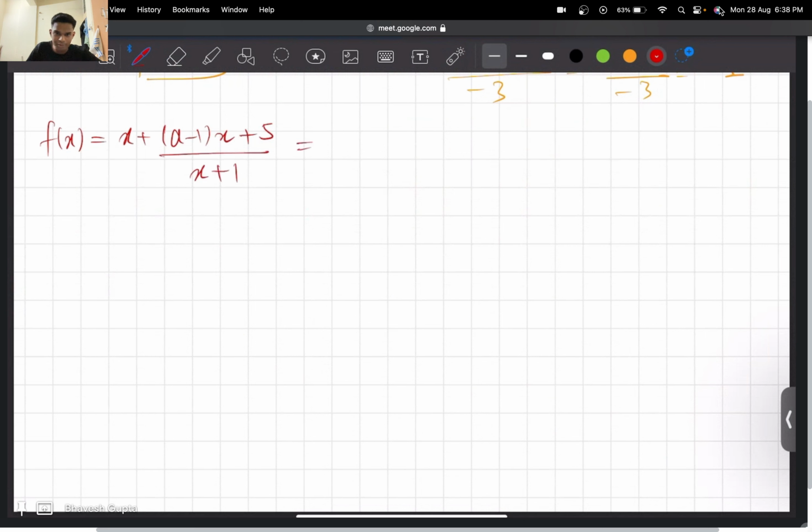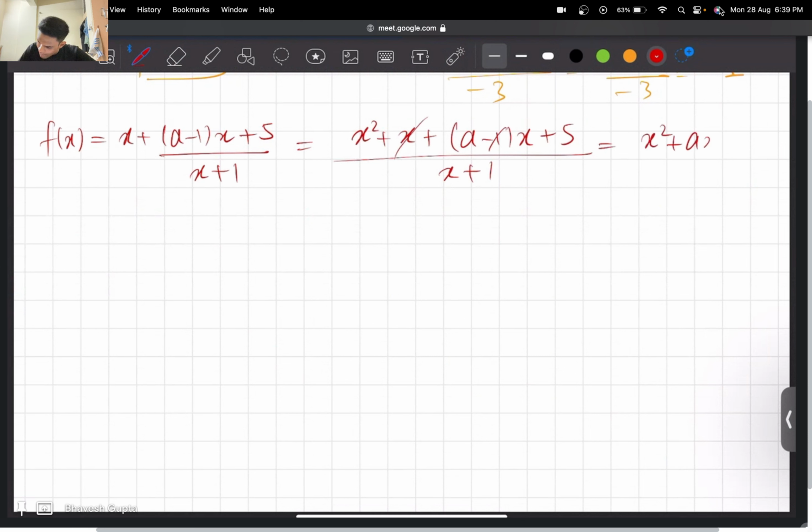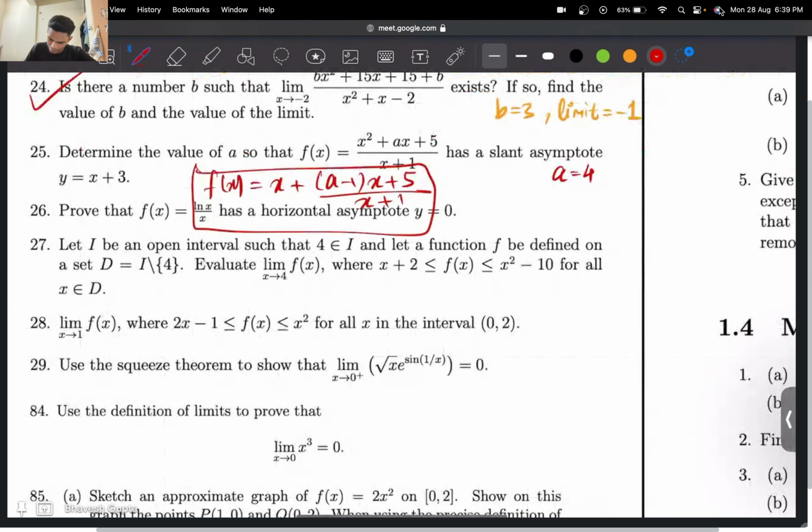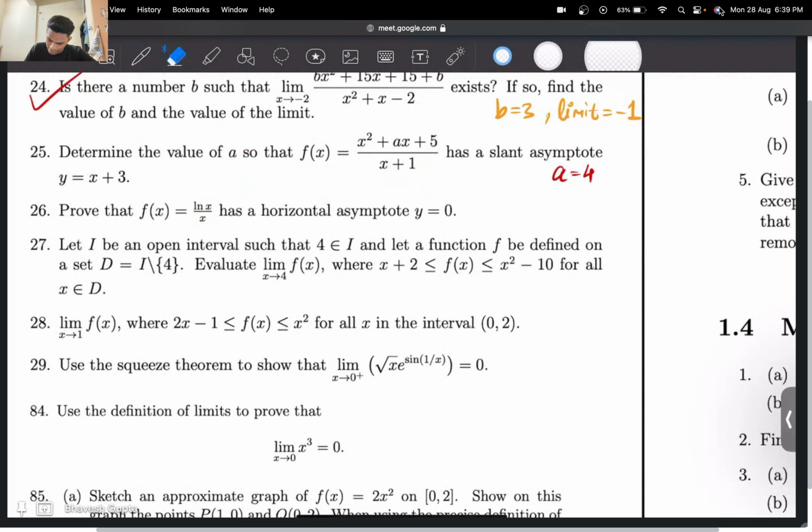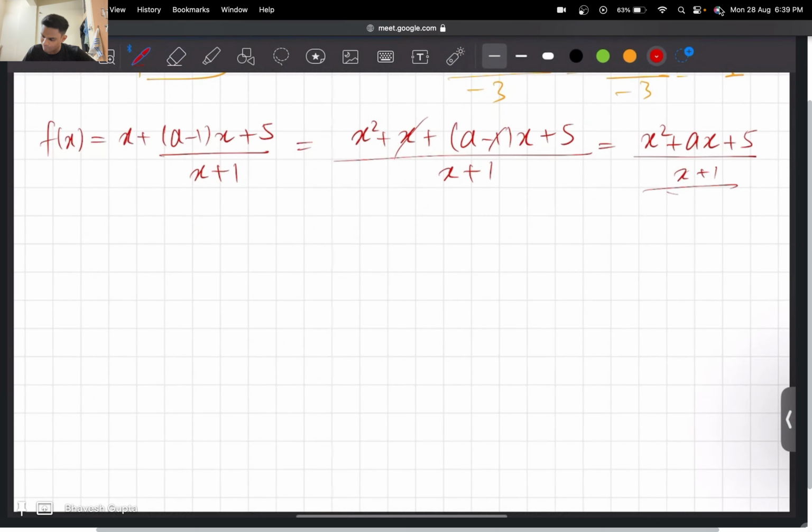If you do this cross multiplication, you will see this turns out to be, and this will get cancelled with this. Here you have x squared plus ax plus 5 over x plus 1, which is the question, exactly the question.